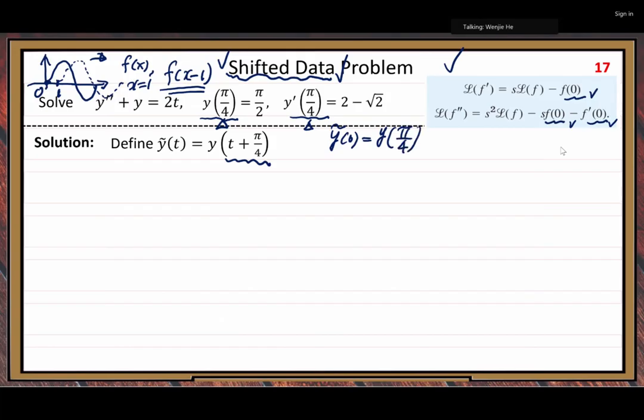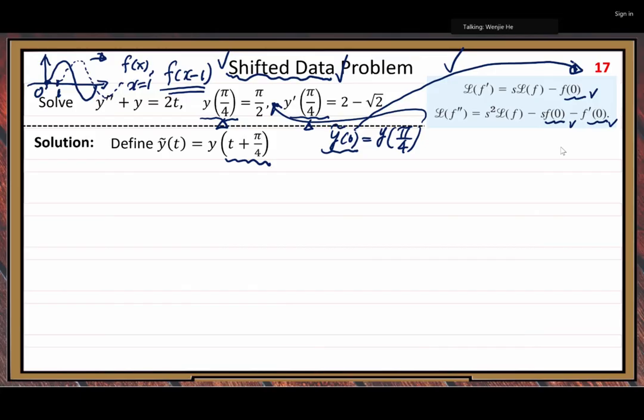That's the original initial value. But from the form, you see it's y tilde at 0. 0 is the special point we want to have in our derivative formula. So you can see we get around this technical problem.